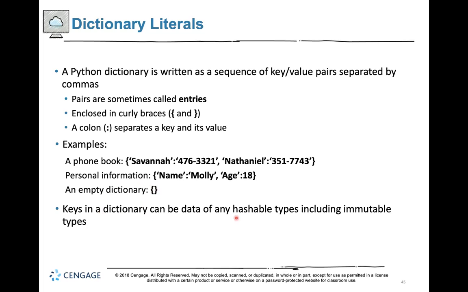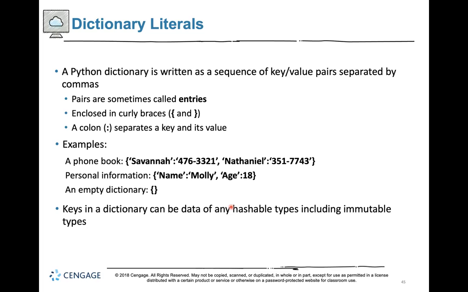The keys in a dictionary can be data of any hashable type. What's hashable? To put it simply, hashable means we can apply a hash function on this object to generate an integer. This provides a mapping between the object and an integer.